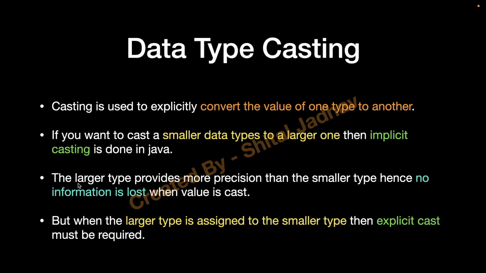The larger type provides more precision than the smaller type, hence no information is lost when the value is cast. Because whenever implicit casting happens, the smaller data type is assigned to the larger one, so the data will not get lost. But when the larger type is assigned to the smaller type, then an explicit cast is required, and in explicit casting the data will get lost.